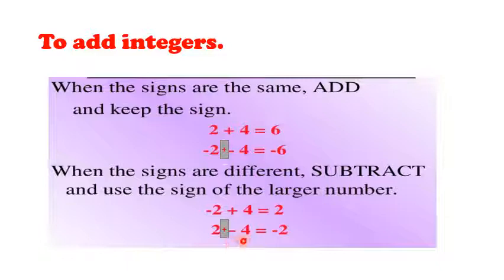I will subtract 4 minus 2 and write the answer equals 2. And use the sign of the larger number. The larger number here is 4. So I'll take the sign of 4. That means I will take the negative sign. The answer will be negative 2. So when the signs are different, subtract and use the sign of the larger number.